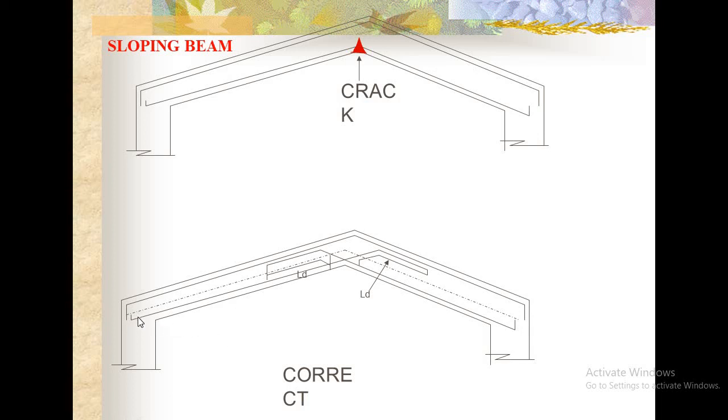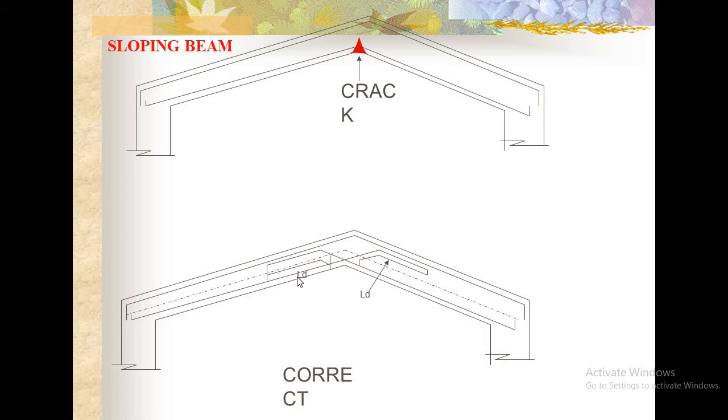In providing the reinforcement in a sloped slab, the bottom reinforcement, when it reaches this point, is extended to the top of the slab. Likewise, from here it is extended to the top, and the top reinforcement is also like this, and an additional bar. There is a chance of some cracks here, so this portion has to be sufficiently strong.